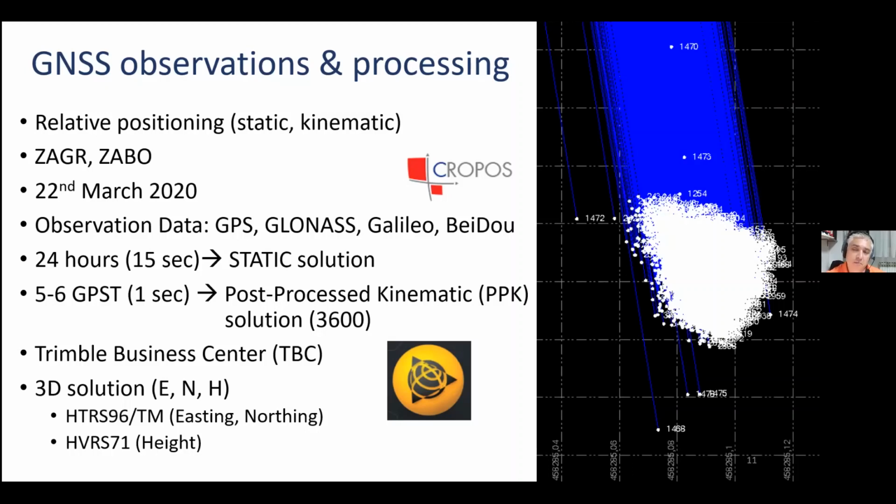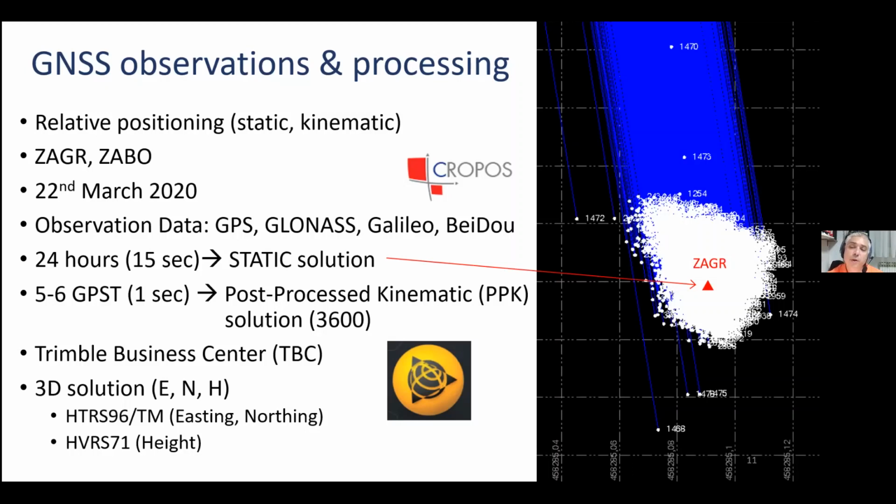So what was obtained? This is something that we could call a point cloud, featuring 3,600 solutions. The static solution is the single solution, being the most precise, the most relevant one.